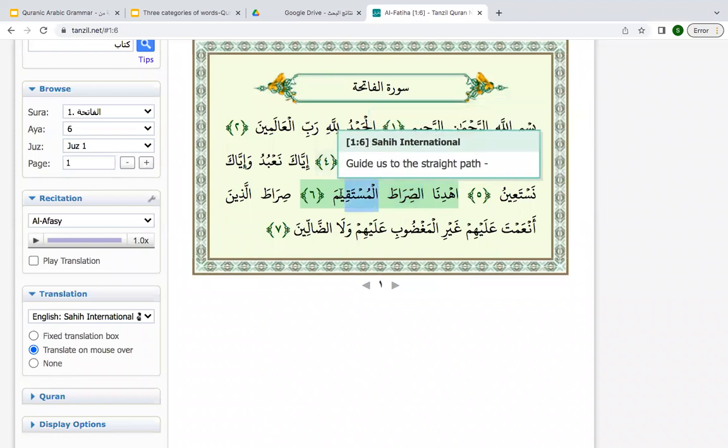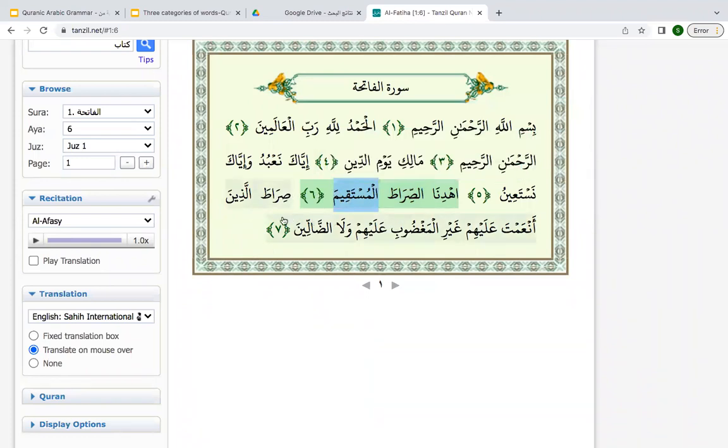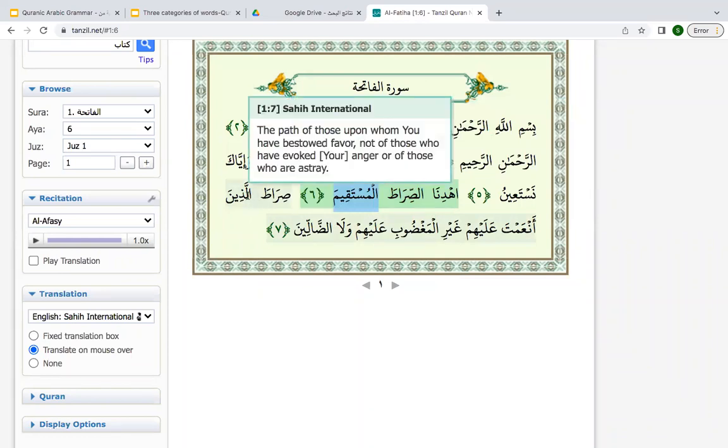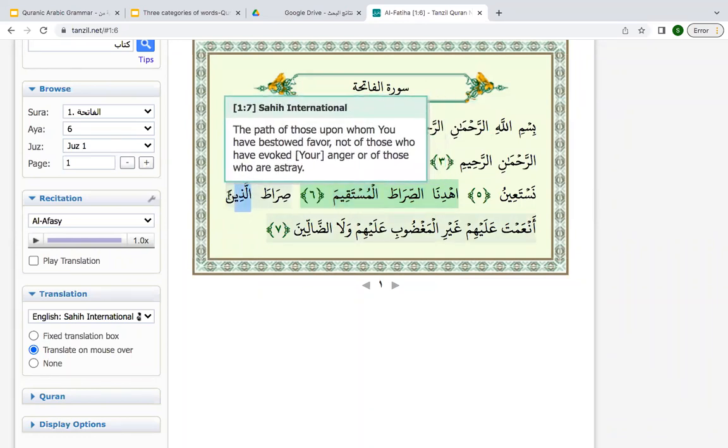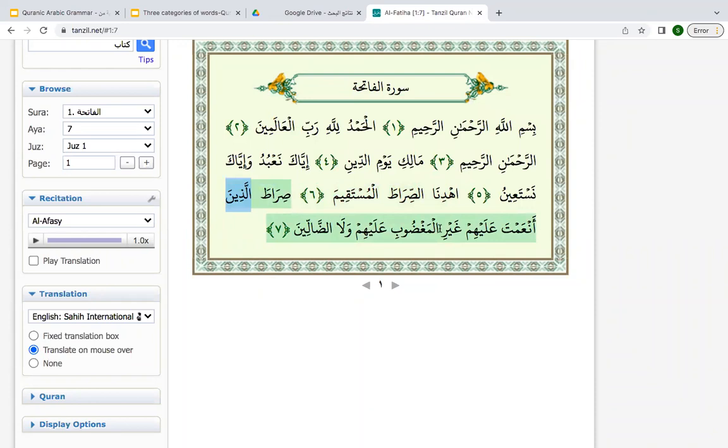What about al-mustaqim? What about al-ladhina? What about ghairi? What about al-maghdub? What about ad-dallin?